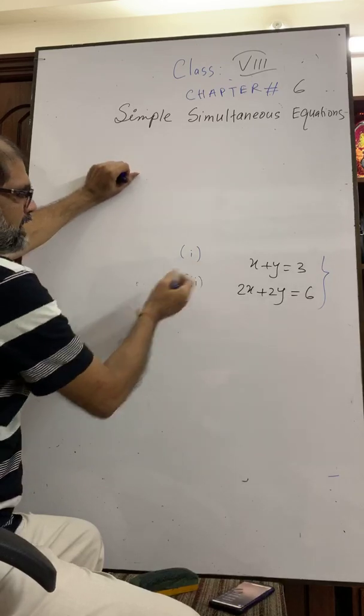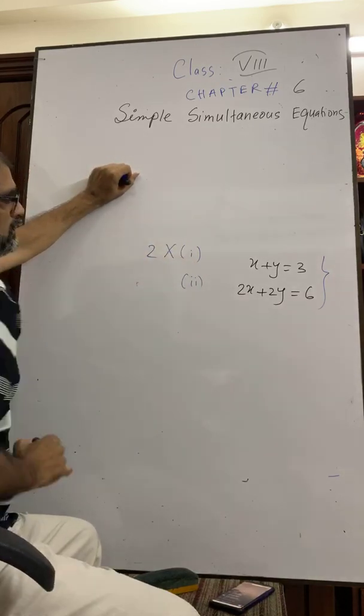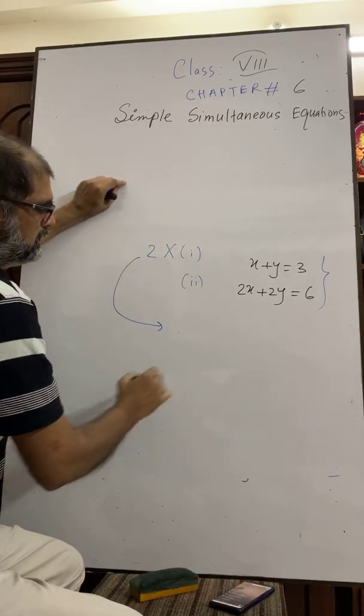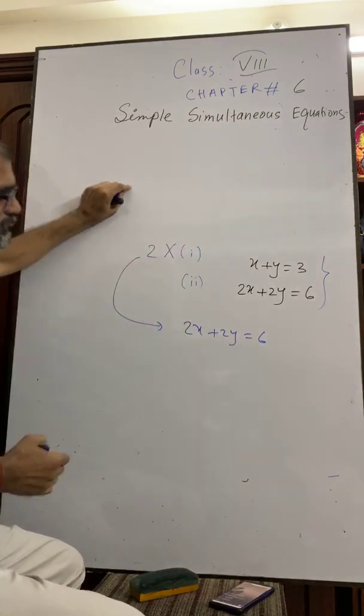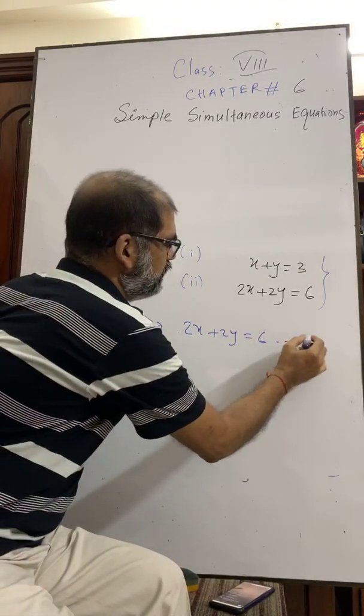Now, if we multiply equation 1 by 2, what will we get? This is 2x plus 2y equals 6. Suppose it is now equation 3.